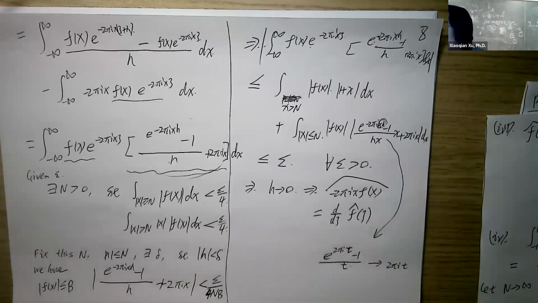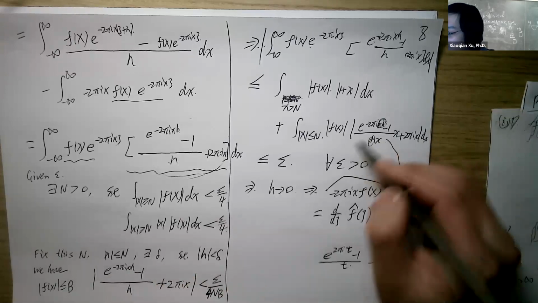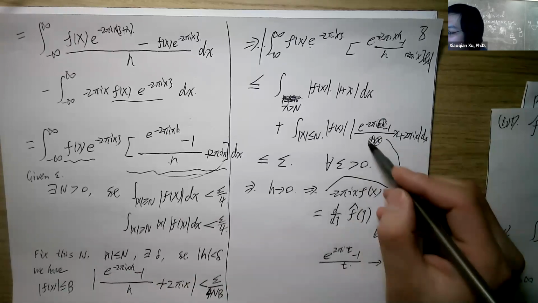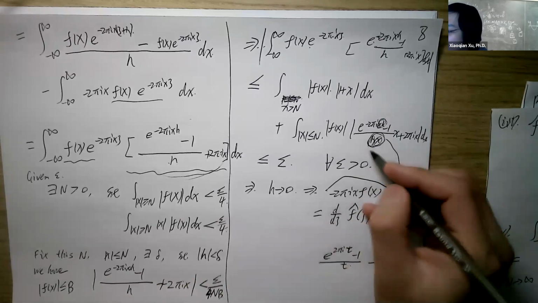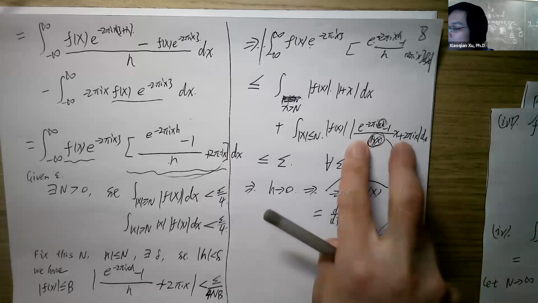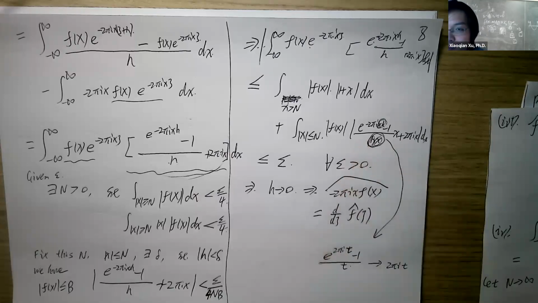So which is why we want x to be bounded, so that we can get hx to be arbitrarily small, and these two terms can be arbitrarily close. Which is why we want that.